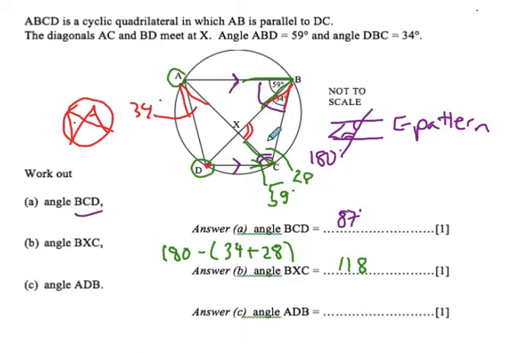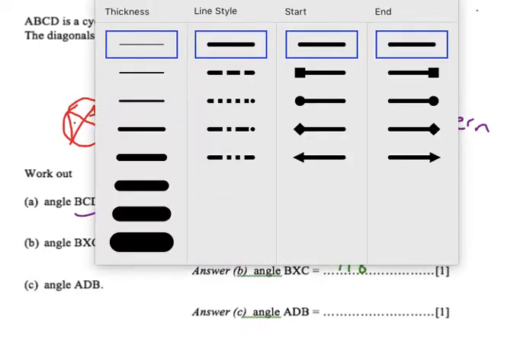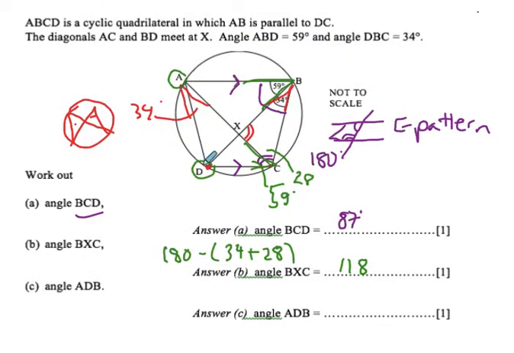Okay. The last bit. So here they're asking us for angle ADB. All right, let's choose another color. Let's be blue. ADB. So they're asking us for this one right here. We're going to use the same theorem about the angles being the same on the same arc if they're held by the same points.